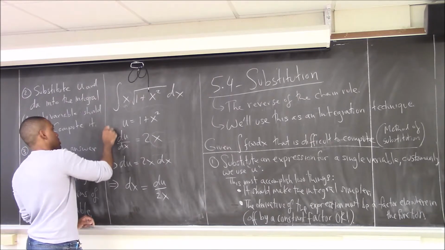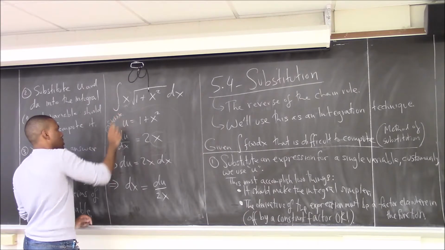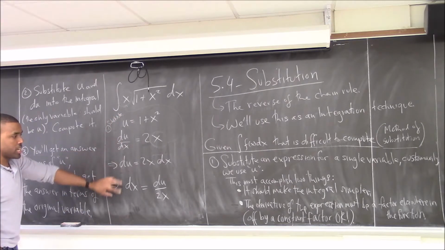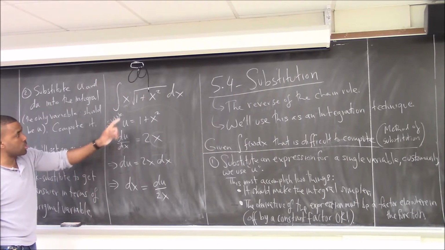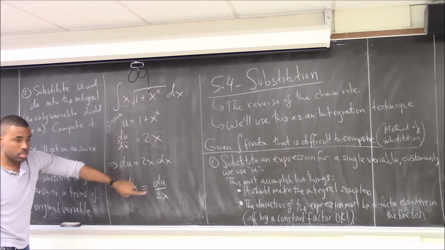So this is step one where we're going to substitute. Right? And we have to change everything, right? So we have to figure out what's going to be our u. We're going to have to change the dx into something else.